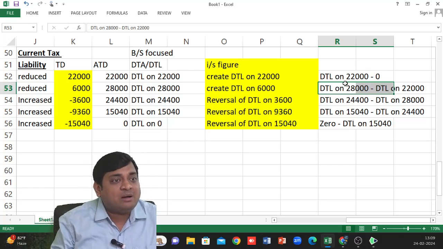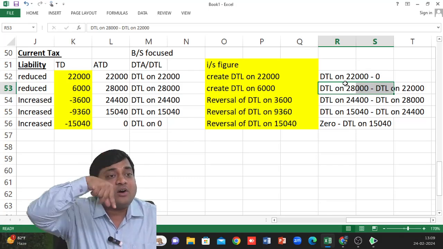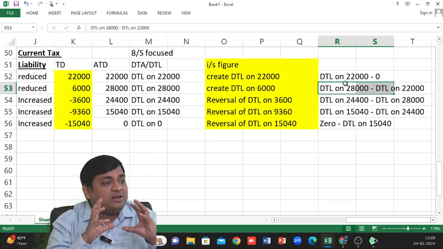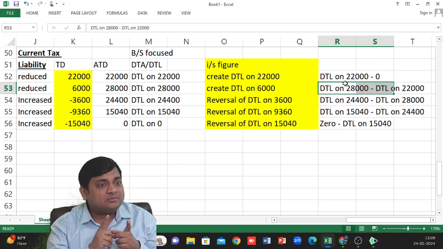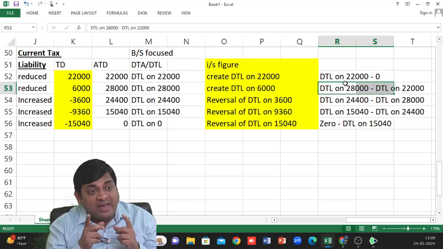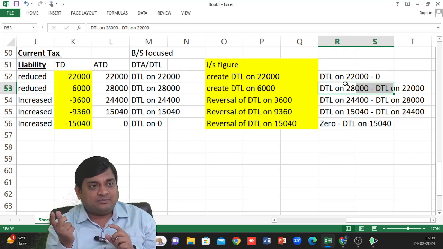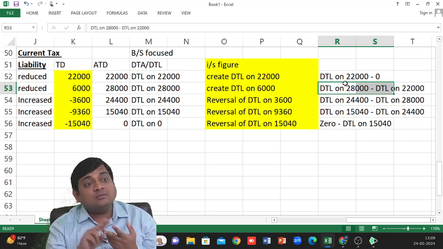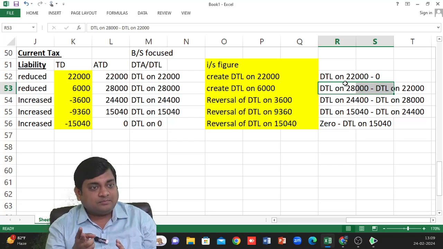So out here, income statement is the balancing figure. Just like provision for uncollectible debts, like we did allowance for uncollectible debts, percentage of allowance on trade receivable. There are two ways of allowance. One is percentage on credit sales, percentage on trade receivable.